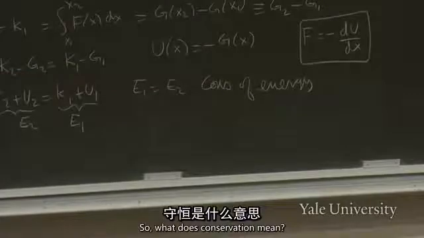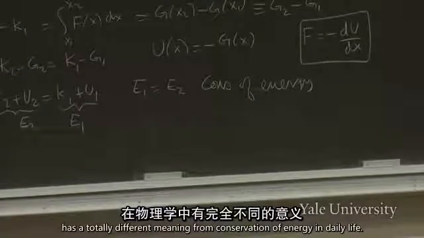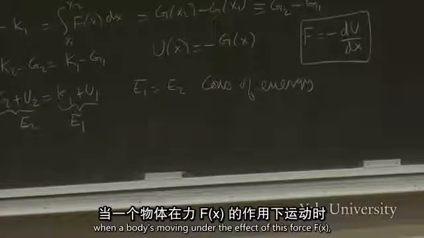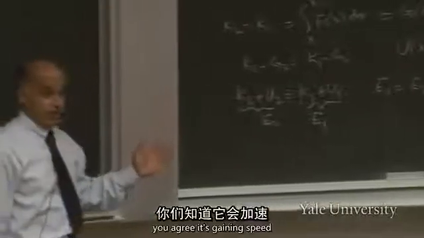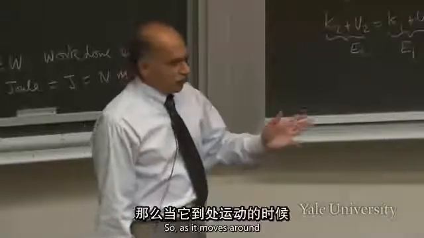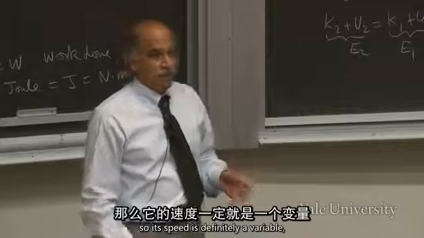So what does conservation mean? Conservation of energy in physics has a totally different meaning from conservation of energy in daily life. Here it means when a body is moving under the effect of this force f of x, it's gaining speed or losing speed, speeding up and slowing down, so its speed is definitely a variable.